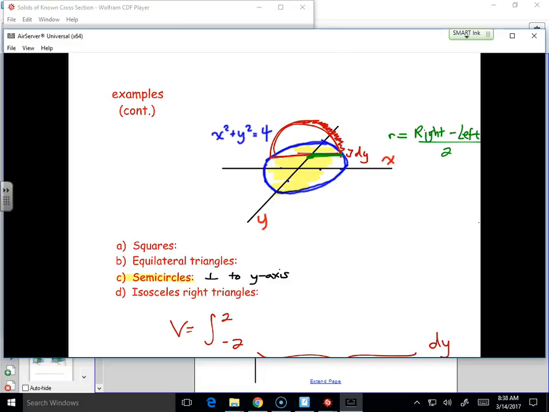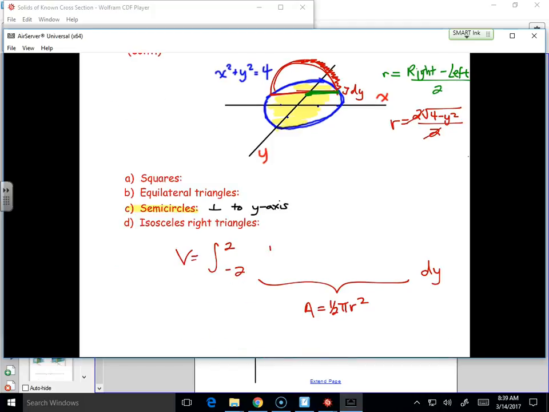So then we can end up saying that r is equal to, wasn't the right one the square root of... Wait, we did right minus left. That was 2 square root of 4 minus y squared. Divided by 2, isn't that just 1 square root of 4 minus y squared? So we have 1/2 pi, hey, look, it's the guy of the day.